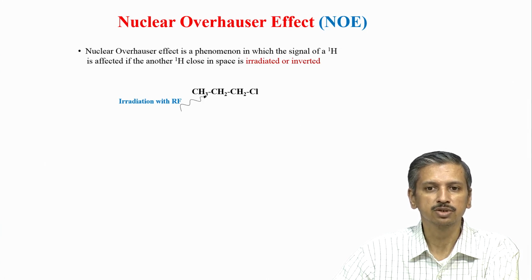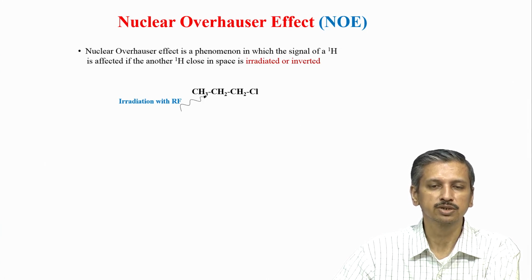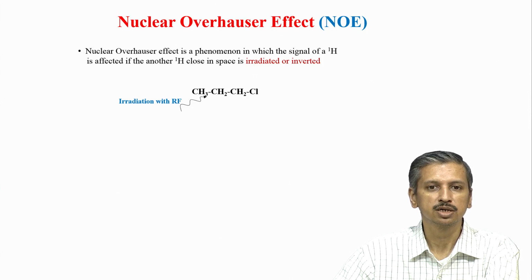How close is considered close? Typically in an NOE experiment we say 5 to 6 angstroms. Any two protons within 5 to 6 angstroms are affected by each other through dipolar coupling.